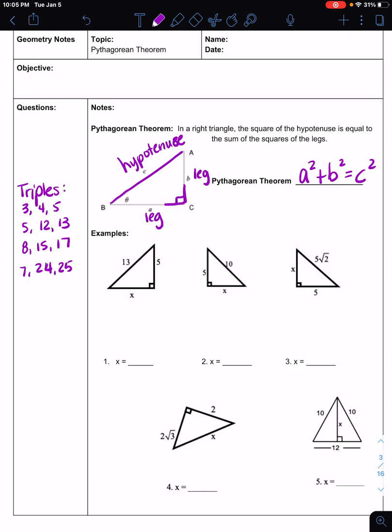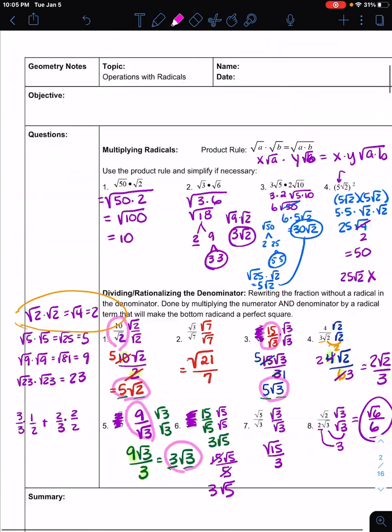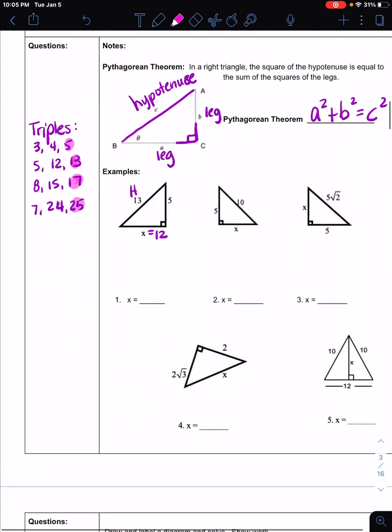So for instance, if you look at number 1, you notice that the hypotenuse is 13 and one of the legs is 5. If you recognize triples, then you would immediately know that x is equal to 12, because that is a 5, 12, 13. If you have a hypotenuse and one of the legs, or any two of those three, as long as the hypotenuse is the right one.